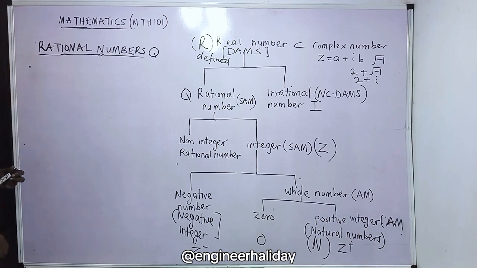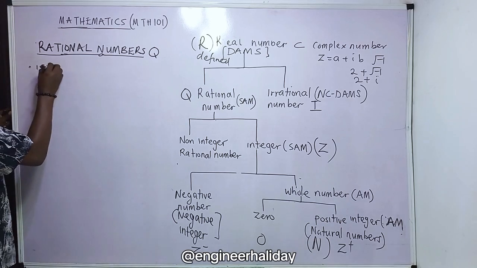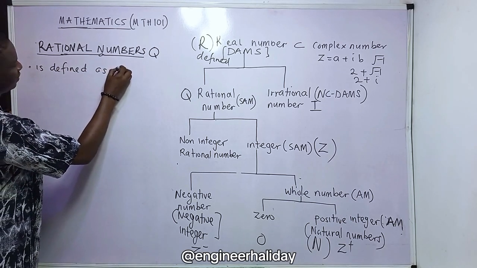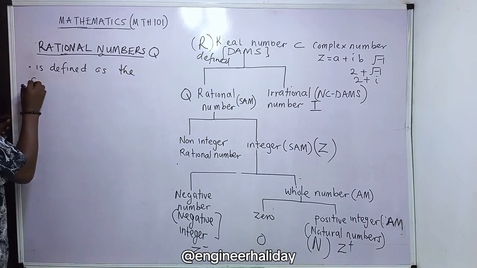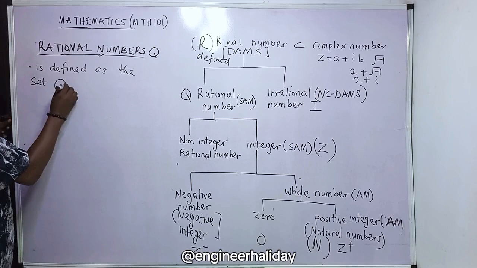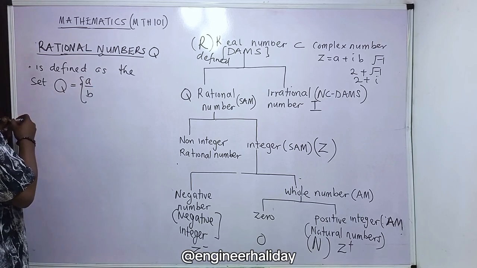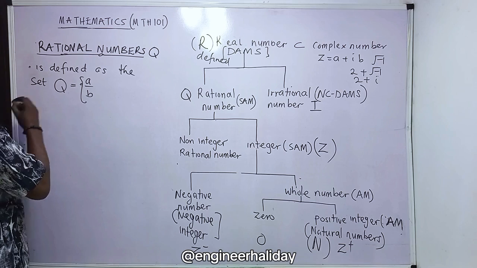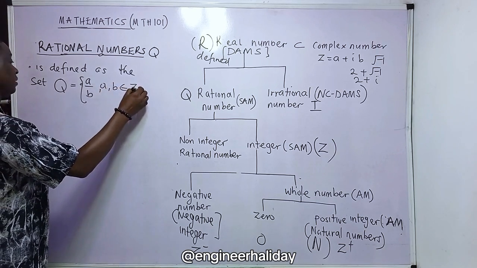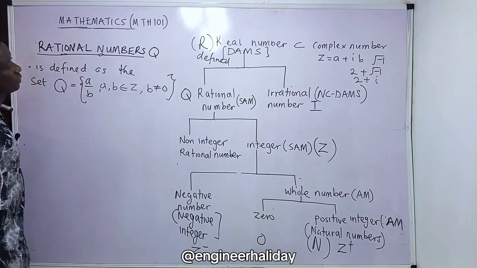Now, what is a rational number? It's defined as the set, let's say Q, which is a subset of A over B, where A, B are elements of Z, where B is not equal to 0.